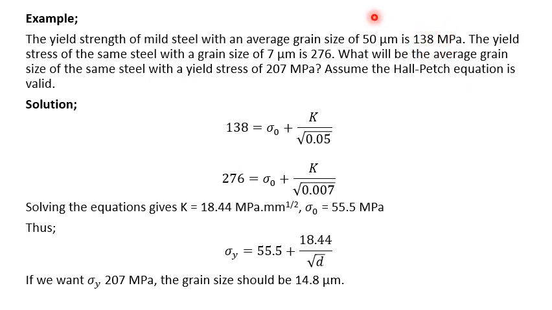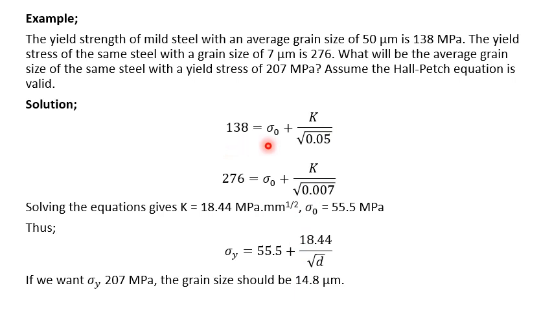Now, because the example gives us two different yield stresses and average grain sizes, we can use them to calculate sigma naught and k using the Hall-Petch equation. But before doing so, we need to convert the grain size from micrometers to millimeters because the stress is in megapascals. Thus, the grain size has to be in millimeters.